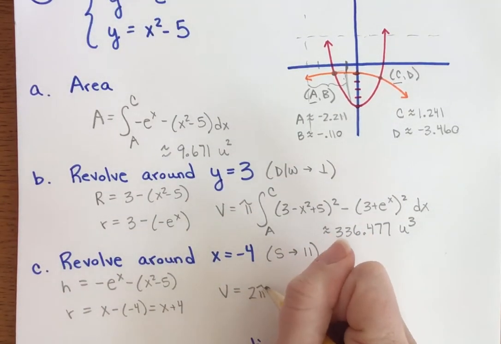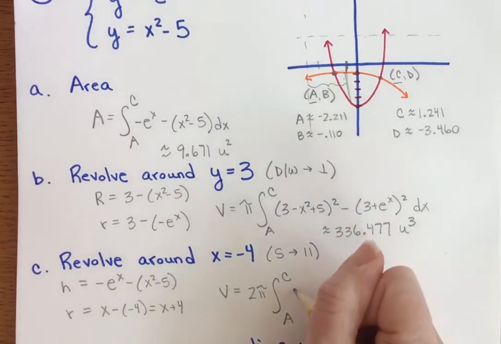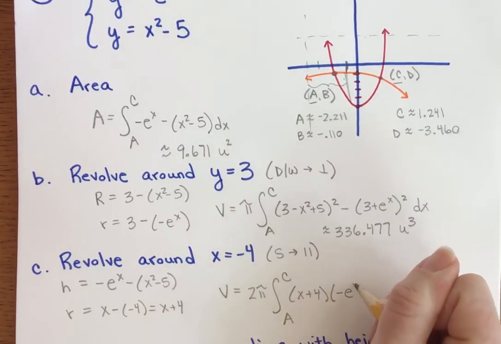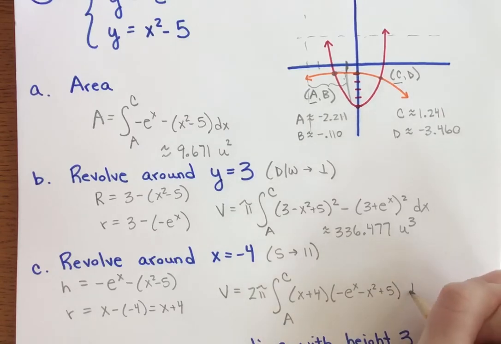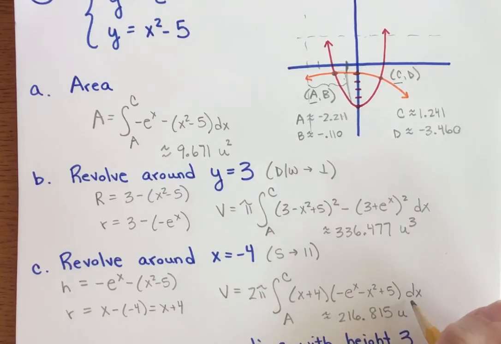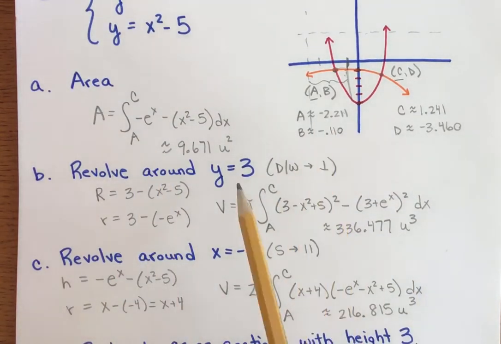So we have 2 pi, still the accumulation from a to c, 2 pi r h. You can go ahead and distribute that negative sign. I think that might be helpful with the parentheses. We type that into our calculator and we get about 216.815 units cubed.